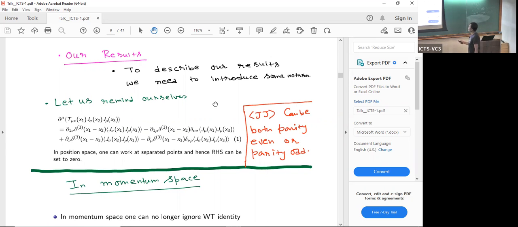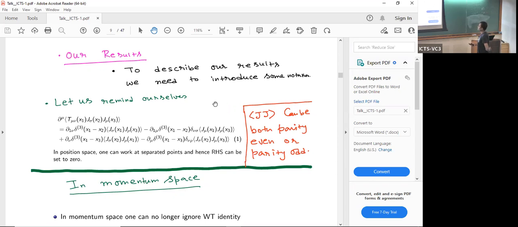To describe our result, we need to introduce some notations. And first, let me remind you that the Ward identity has delta functions at the locations of other operators. Note, I'm writing the Ward identity for TJJ, and here the right hand side JJ 2-point function appears. In 3 dimensions, the JJ 2-point function can be both parity even and parity odd.